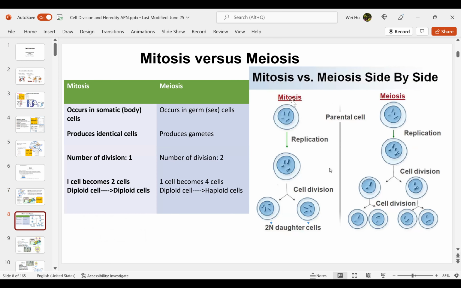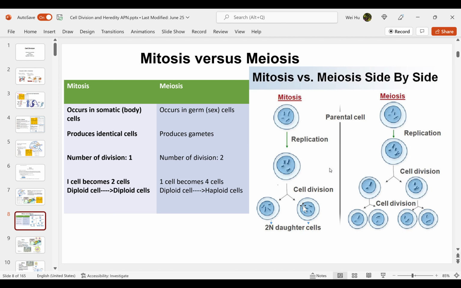Okay, this is a picture to show you. Initially, you only have 4 chromatids and 4 chromosomes, because each chromosome contains only 1 chromatid. Then you replicate, and you become 2 chromatids per chromosome, but still 4 chromosomes. Then you divide, making 2 identical daughter cells.